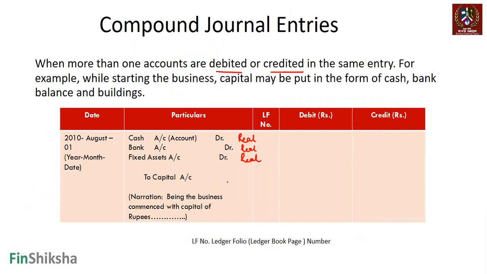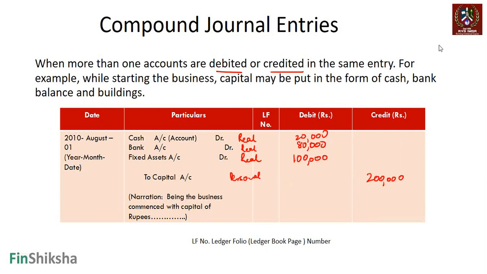And capital account is a personal account, so you credit that, being the business commenced with the capital of rupees. So maybe you had put in a capital of 2 lakh rupees, out of which you put in fixed assets worth 1 lakh, you put in 80,000 in the bank, and there's another 20,000 lying idle as cash with the company, right? That's basically how you would create a journal entry.